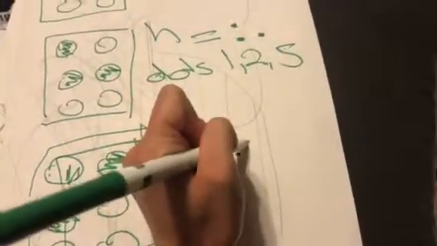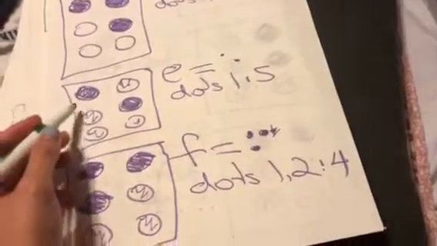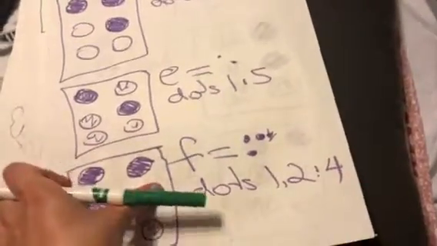I is a backwards E. Remember when E, as we saw, is dots 1 and 5? Well, I, in a sense, is an inverted or reversed dot position, or dot placement.